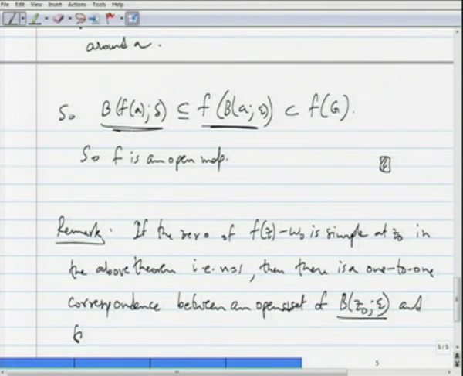the disk B of f of z naught, namely B w naught delta, because each value in B w naught delta is assumed exactly one time by some point in B z naught epsilon. So, there is some open subset here.